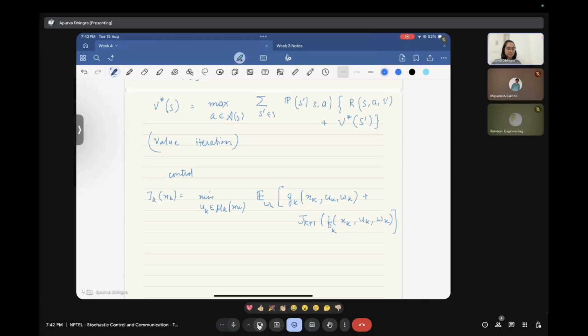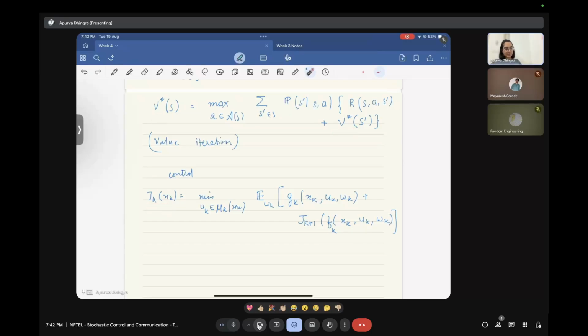You can see, at least in comparison, these two are very similar to each other. Here the expectation is written in the form of expectation. Here it's just written out explicitly. That's one difference. Another, this is written in terms of time steps. Here I've written it directly.